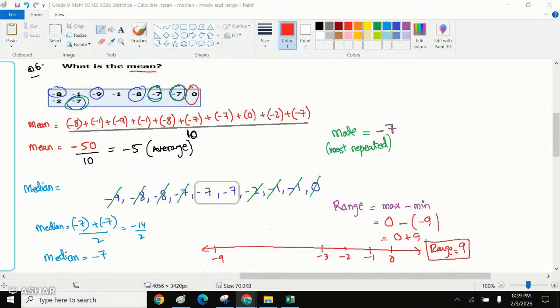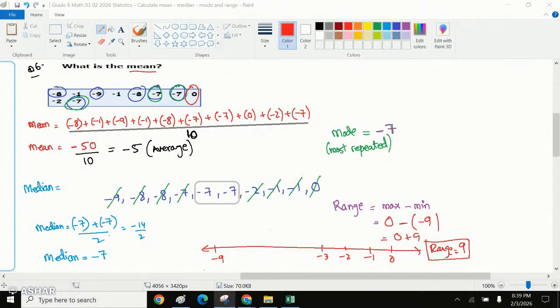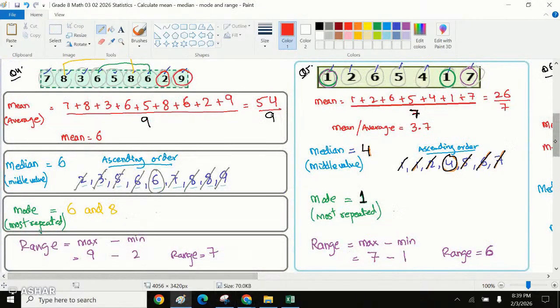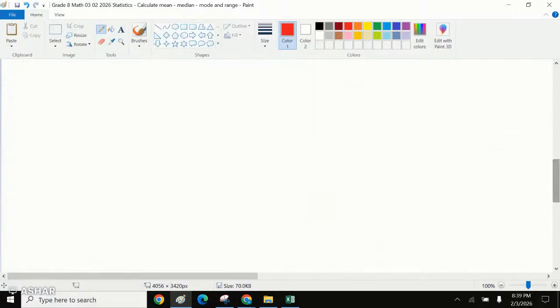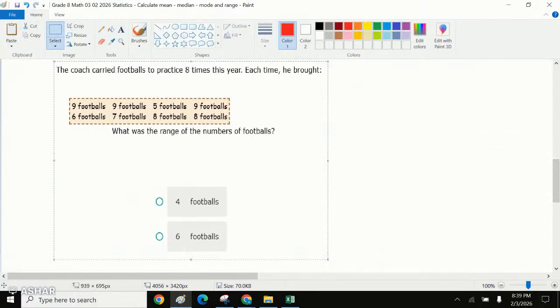So let's do the first question. The first question from the test says, a coach carried out football practices, matches. Let me just copy it. The question number 1 from the test.